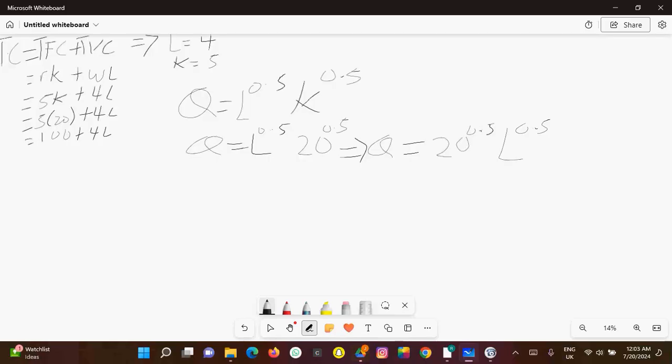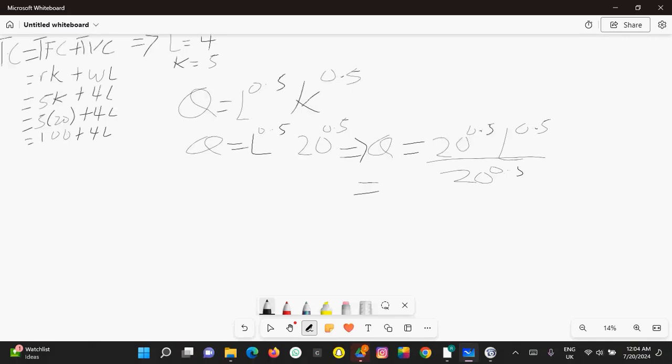So now we divide both sides by 20 raised to the power 0.5.